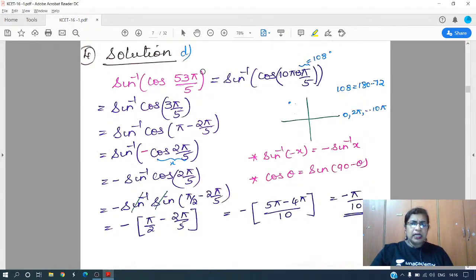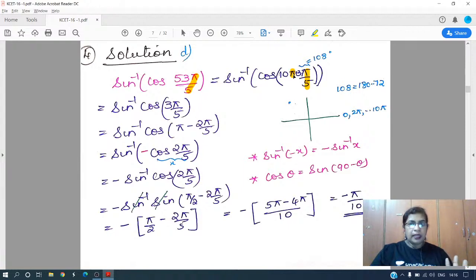First, let us learn how to write this 53 pi by 5. I'm going to give you a hint on how to write it. What you observe here is this pi by 5, no? So your first step is to write that pi by 5. Then write one pi here.